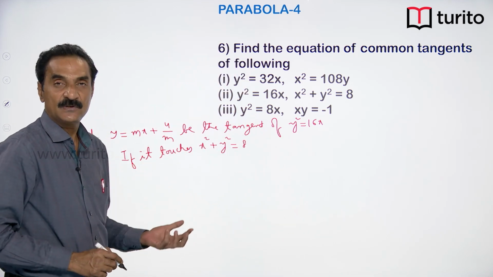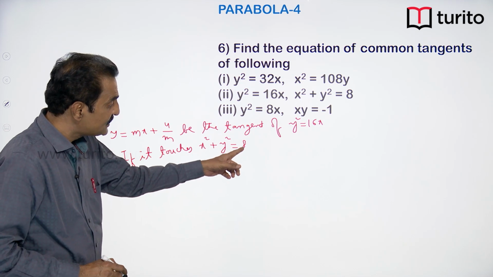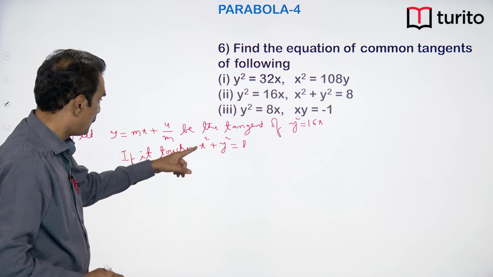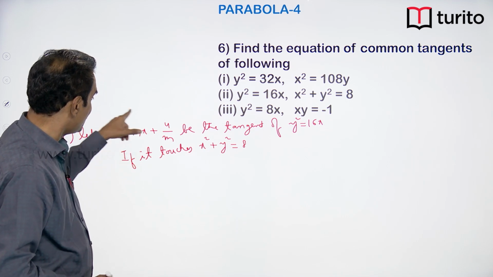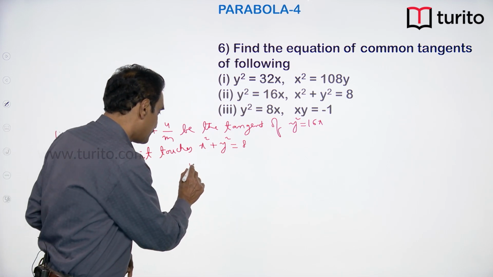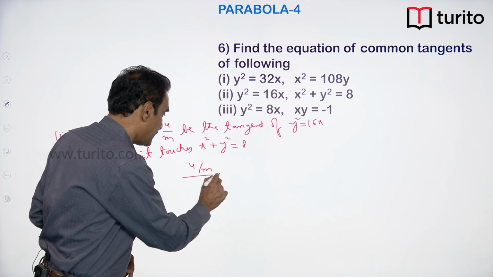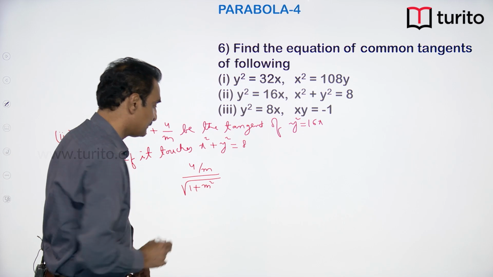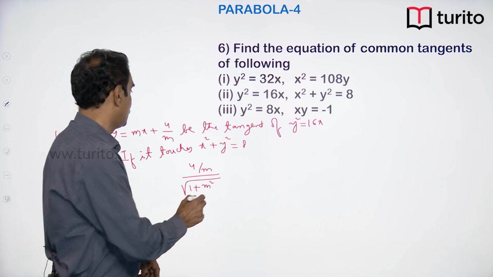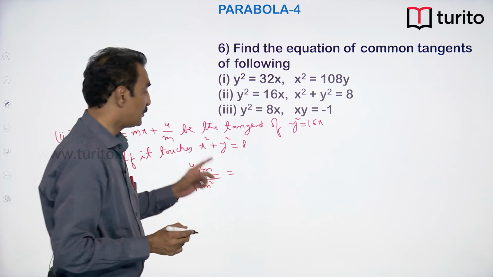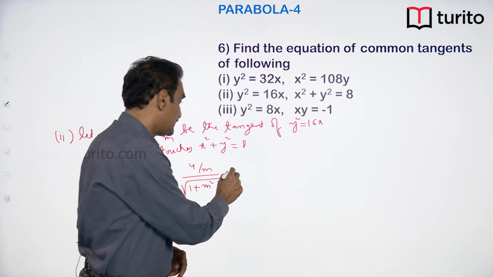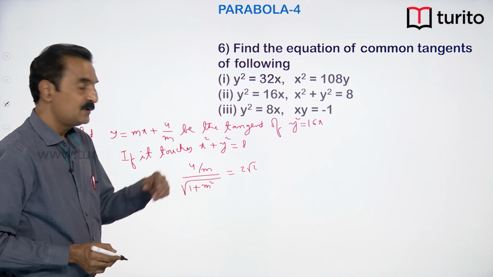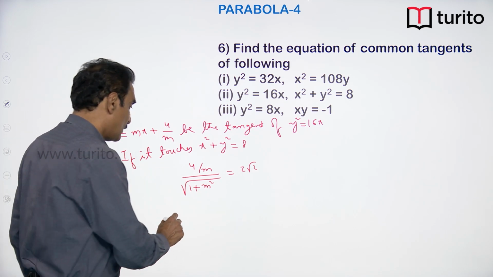Center of the circle is origin, radius is how much? Root 8, that is 2 root 2. Now, the perpendicular distance from the origin to this line will be 4 by m by root 1 plus m square. It should be equal to the radius, which is 2 root 2. Now, simplifying it, you will get the quadratic equation.